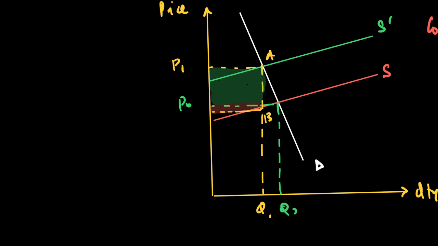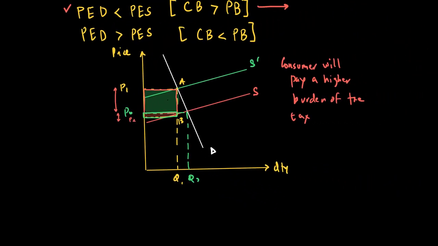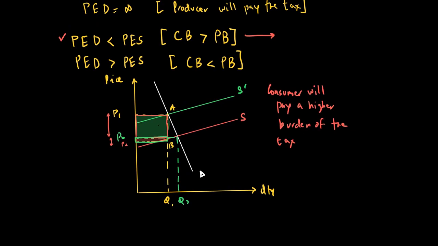And let me call this P2. So consumer pays P0 minus P1, which is much larger than producer who pays P0 minus P2. And therefore, this whole region is my consumer burden of the tax, which is much larger than this region, which is my producer burden of the tax. So the lower the elasticity, the higher the tax burden you will pay.